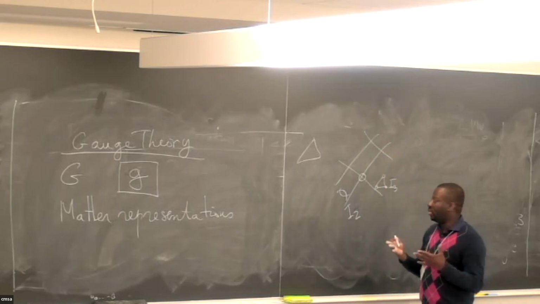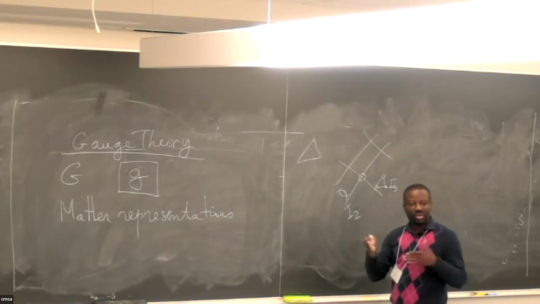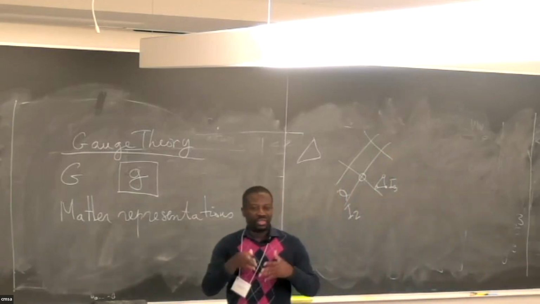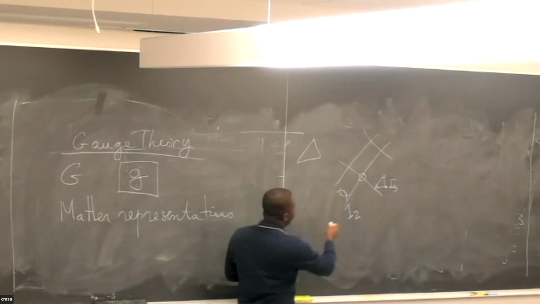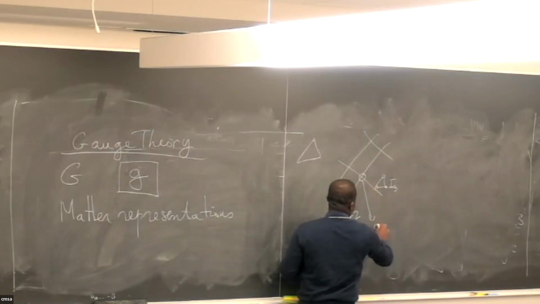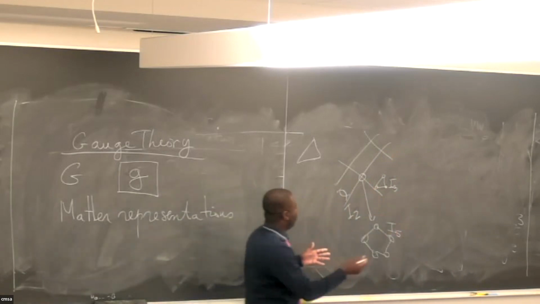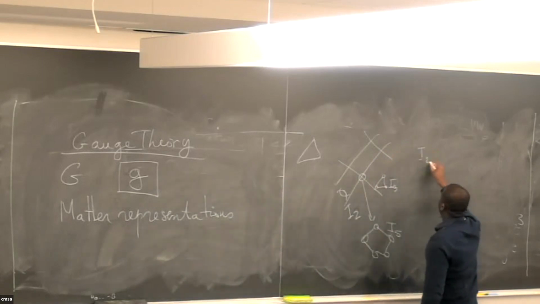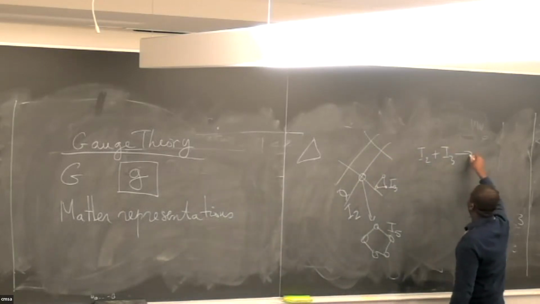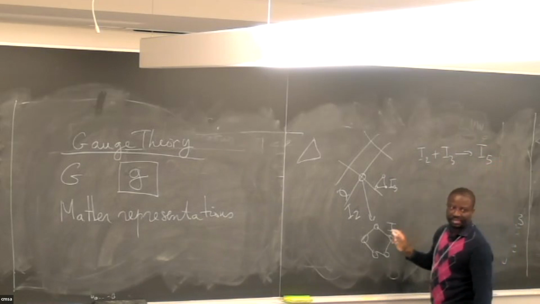When components collide, I basically have what is called a collision of singularities, and it can give me something bigger. So for example, at the collision here, I might end up with a fiber of type I5. And then it's almost like some kind of chemistry of singular fibers, where you can write things like this.